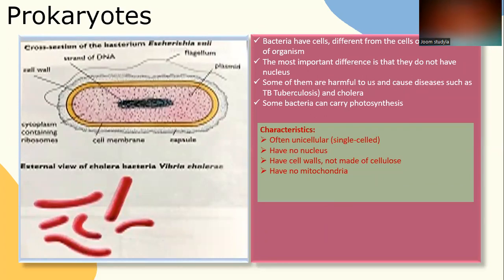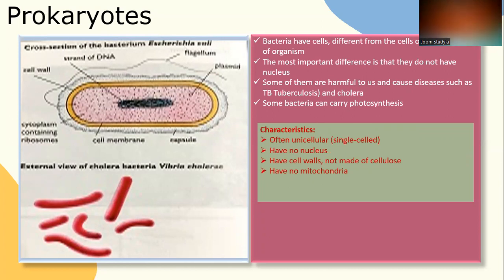Prokaryotes are a kind of bacteria. Bacteria have cells different from the cells of all other kinds of organisms, and the most important difference is that they do not have a nucleus. Some of them are harmful to us and cause diseases such as TB, tuberculosis, where you cough non-stop, and cholera.